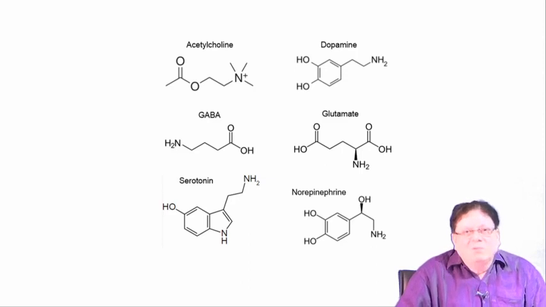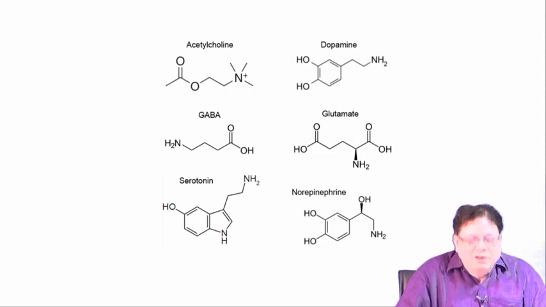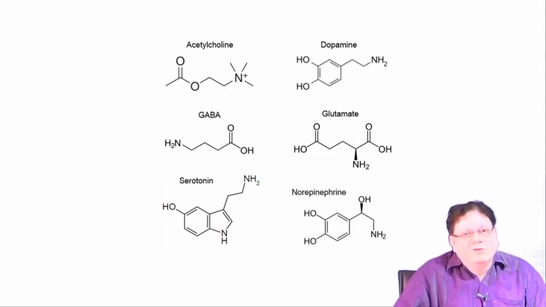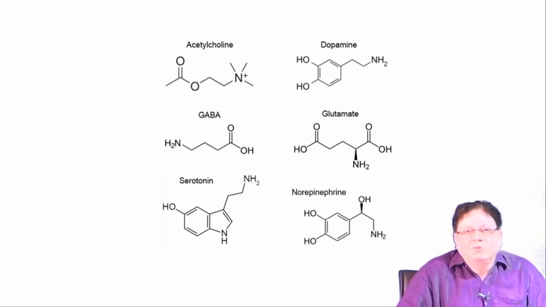If acetylcholine is not secreted properly, if the level is not maintained properly, then we suffer from many diseases. In fact, there are drugs, there are molecules which lower the acetylcholine to such a level that the organism dies.